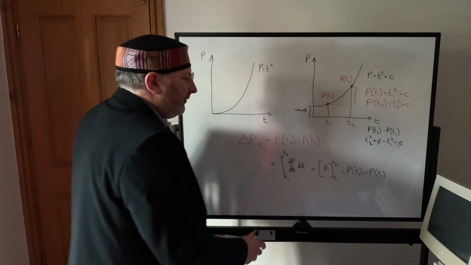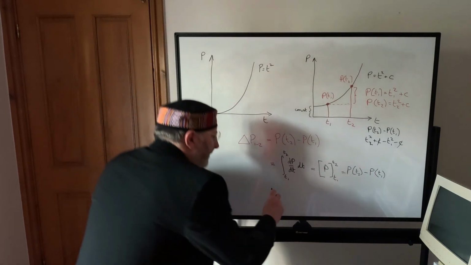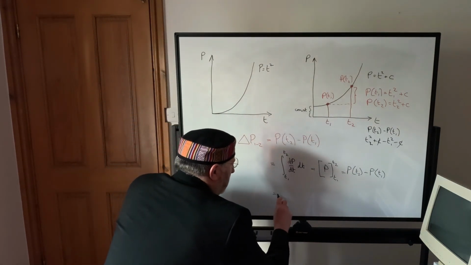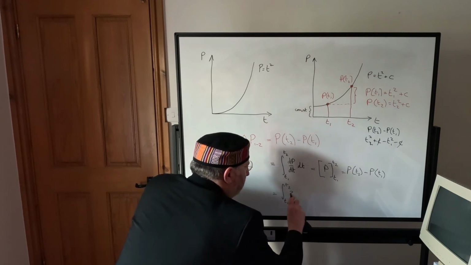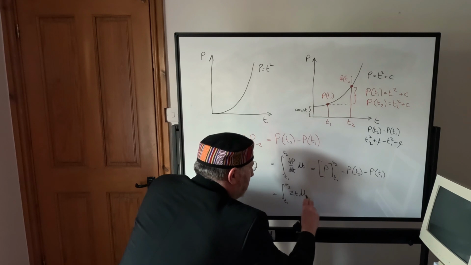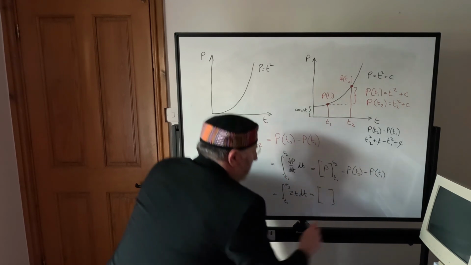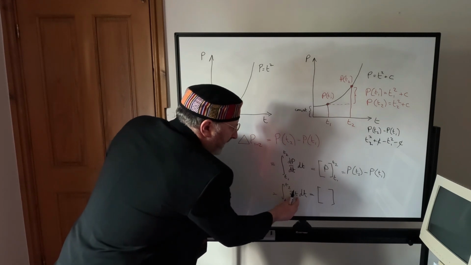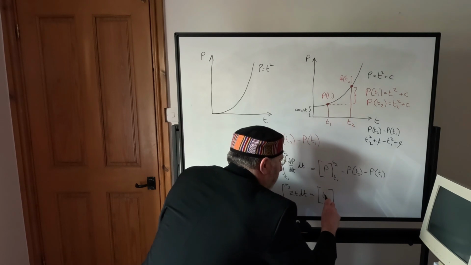And in our particular example, where dP by dt is 2t, that would be the integral from t1 to t2 of 2t dt equals P. Well, P is going to be the antiderivative of this, 2t, which we now have seen many times, is t squared.